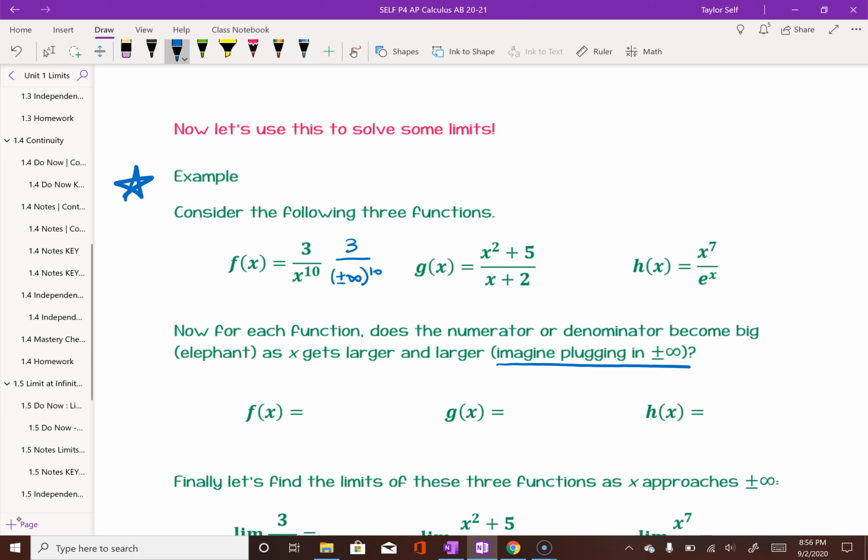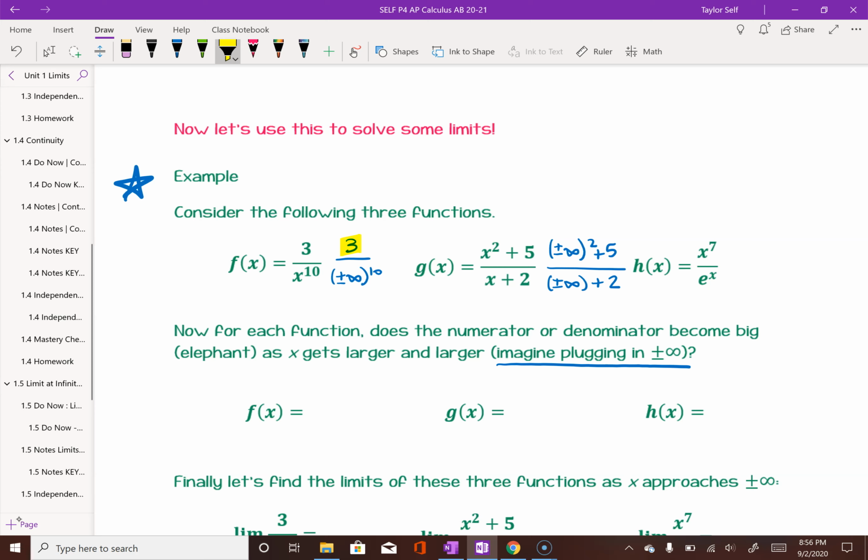into the x. We would have that for f of x, right? Let's do the same thing for g of x. Always put parentheses around whatever you're plugging in. That's going to make sure you do your math correctly, your order of operations correctly. Okay, that would be what g of x equals, right?